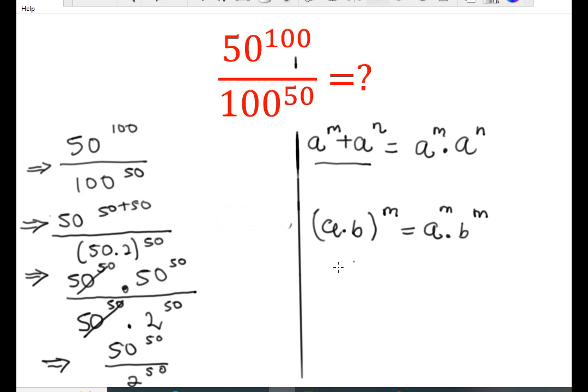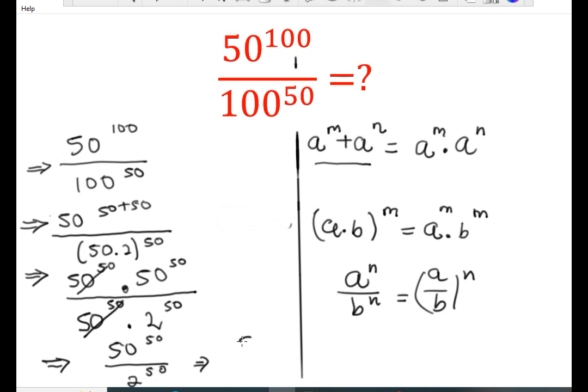Another rule states that a to the power n over b to the power n is equal to a over b, all to the power n. This rule will apply here. Our a will be 50, our b will be 2, and our n will be 50.